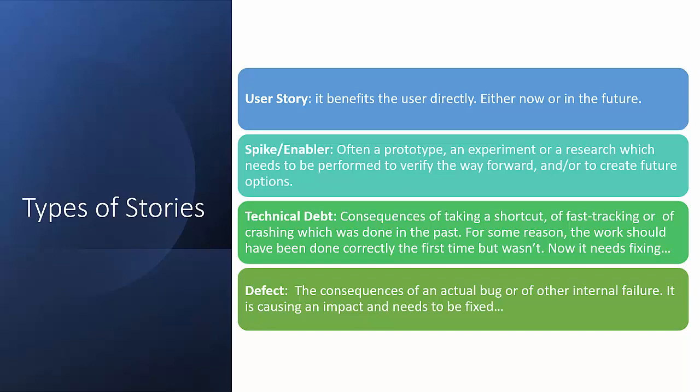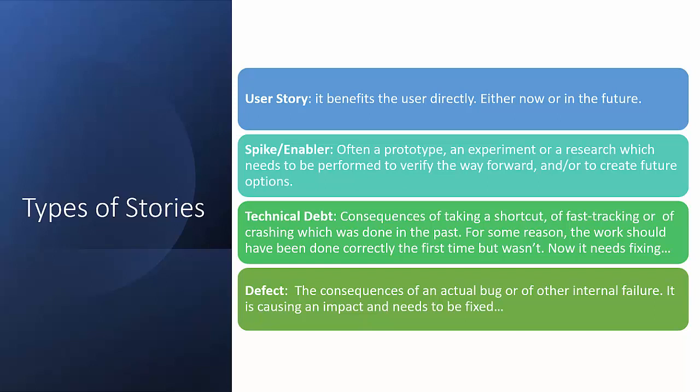Or technical debt, if we've taken a shortcut, we've fast-tracked, and now we need to go back and fix something that we skipped earlier. Or there is a defect, right? There's a bug, or there is some failure that we've had, and now we need to go back and fix it, right?